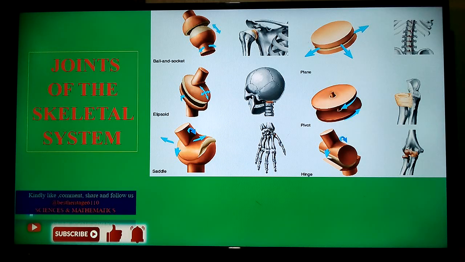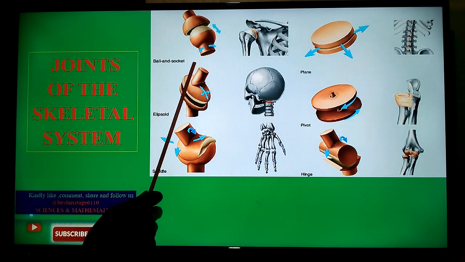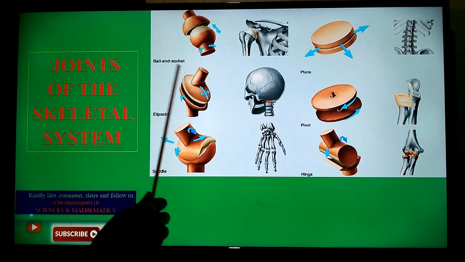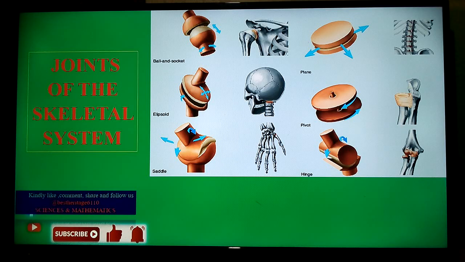And we have identified a few examples. For instance, we talked about the humeral joint, which falls under the category of ball and socket. For the ellipsoid joints, we mentioned the metatarsal bones articulating with the phalanges.